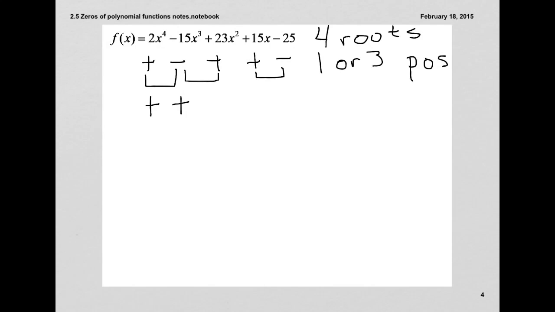If I put a negative in for the x squared, it's going to remain positive. If I put a negative in for the x, it changes the 15 to a negative 15, which changes my sign, and then my last sign is negative. I only have 1 sign change. So that means I have 1 negative root.